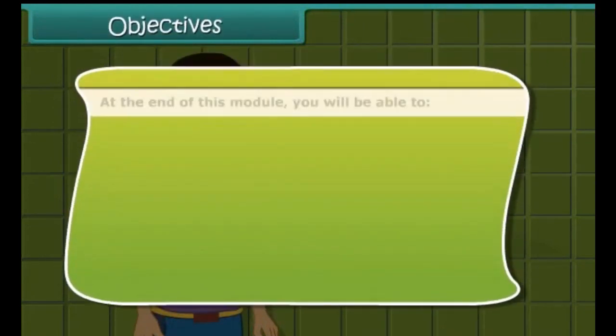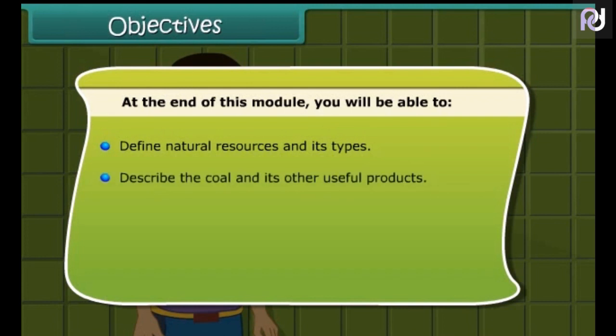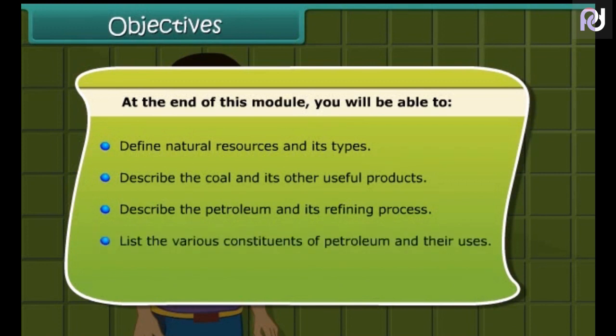Along with that, at the end of this module, you will be able to define natural resources and its types, describe the coal and its other useful products, describe the petroleum and its refining processes, list the various constituents of petroleum and their uses, and describe the natural gas and its importance.